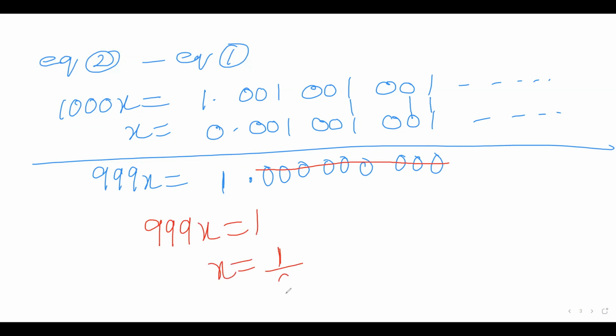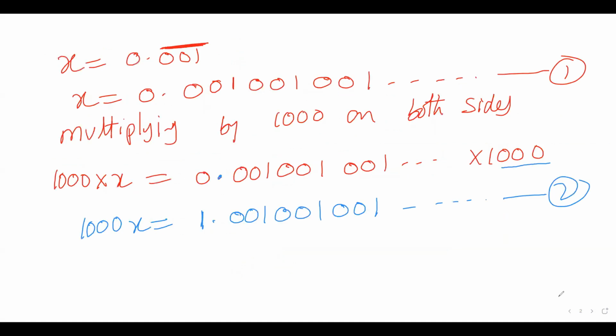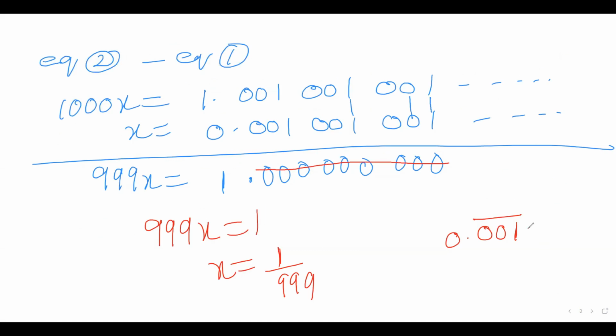X is equal to 1 by 999. So we have converted 0.001 bar as 1 by 999. We have converted it into P by Q form.